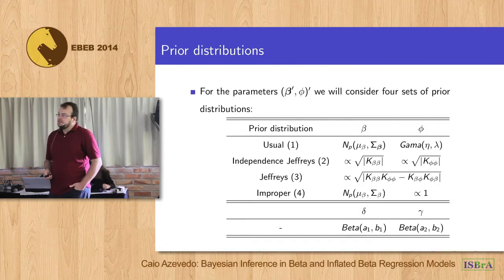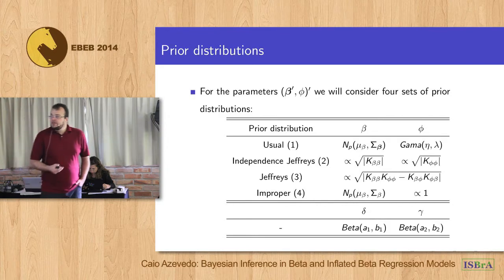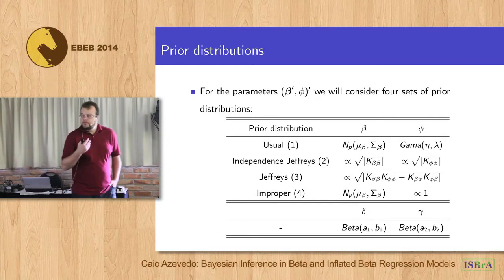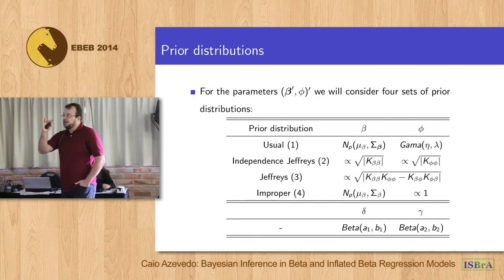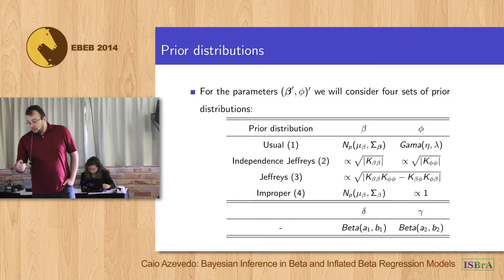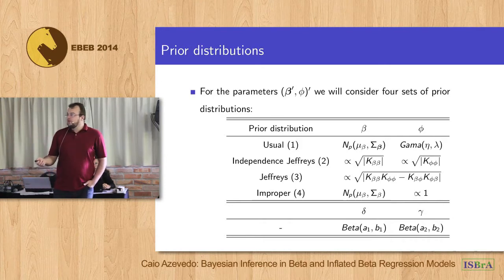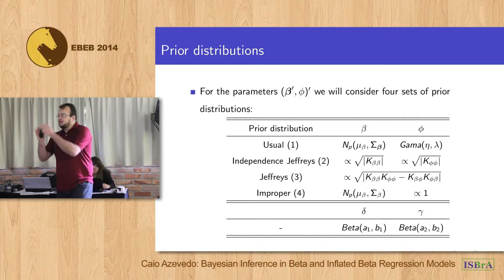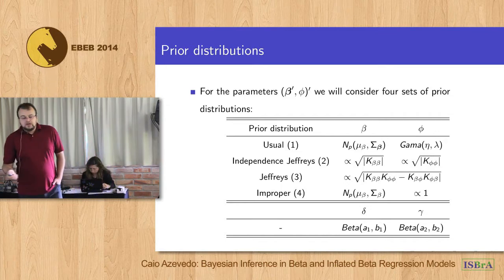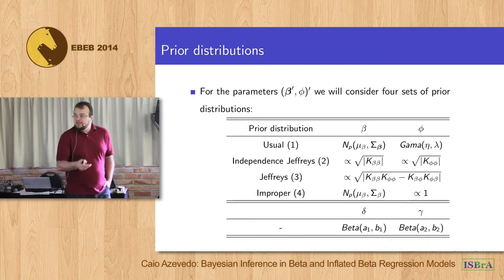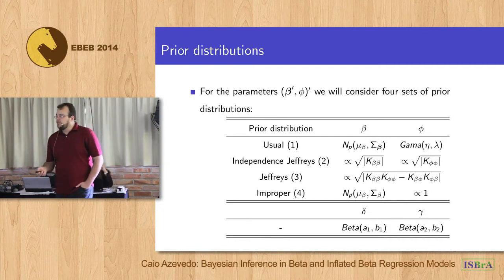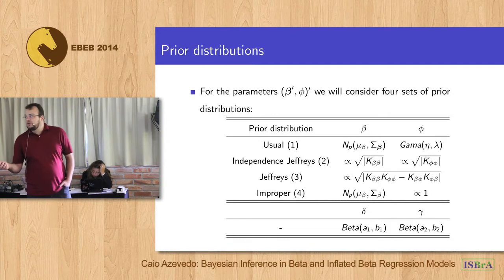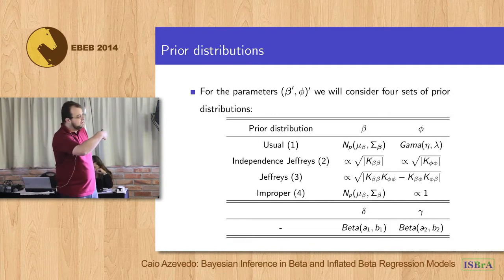And in this work we are considering 4 sets of prior distributions for beta and phi. One of them we call the usual one, assuming independent normal distributions for beta and a gamma distribution for phi. We also consider the independence Jeffreys prior for the two parameters, which is not so hard to calculate because the information matrix is available in the literature.